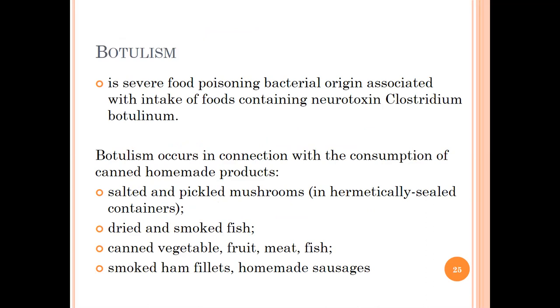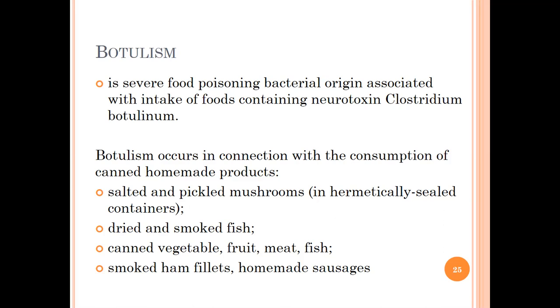Botulism is related to eating usually homemade conserves. For example, salted and pickled mushrooms in hermetically sealed containers, dried or smoked fish, canned vegetables, fruit, meat and fish, and homemade ham fillet and sausages.